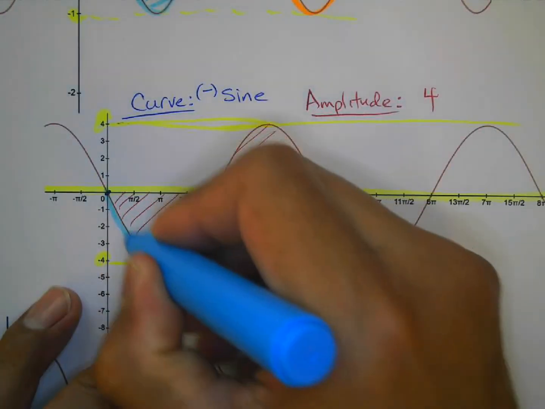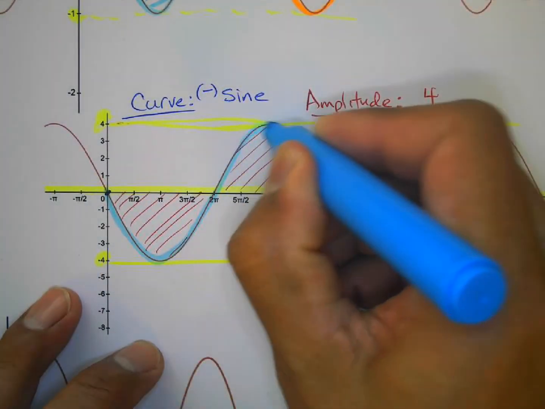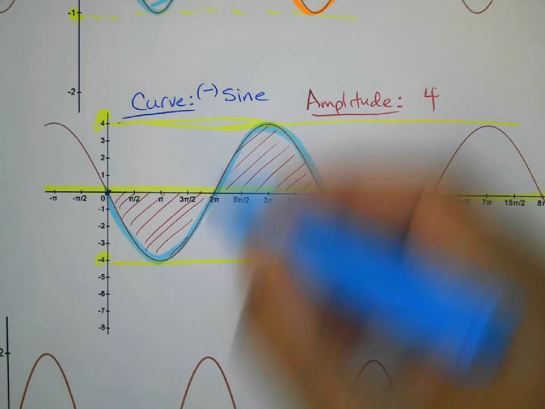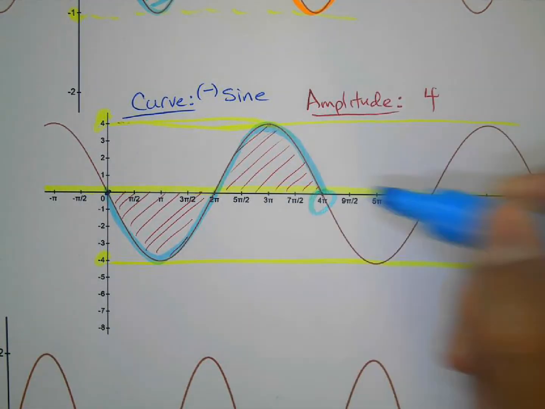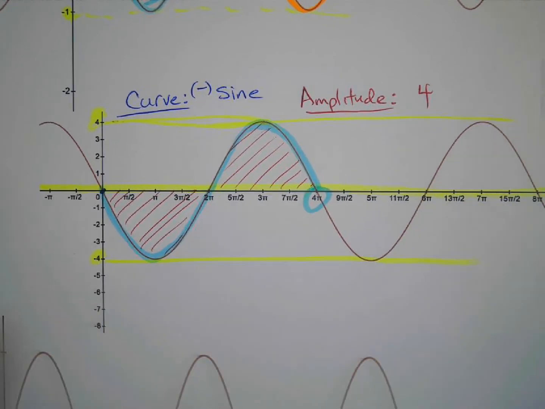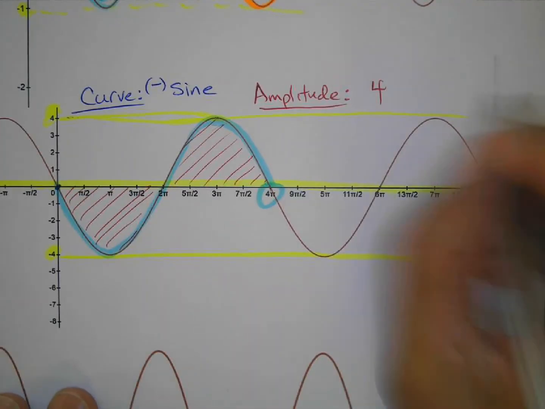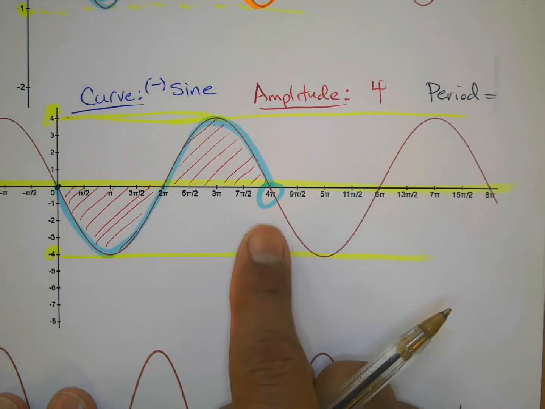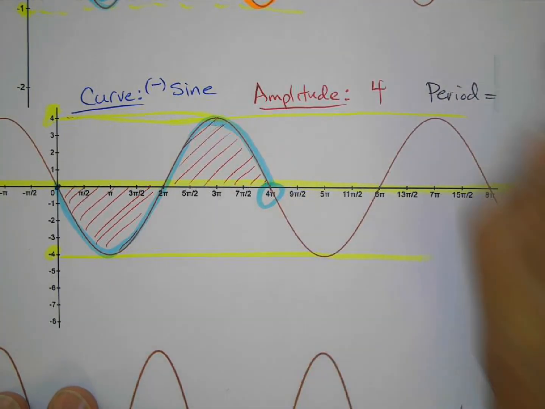So this is one period. What's the distance it takes to complete one period? Well, for this one, it's 4 pi. So the period for number 2 is 4 pi.